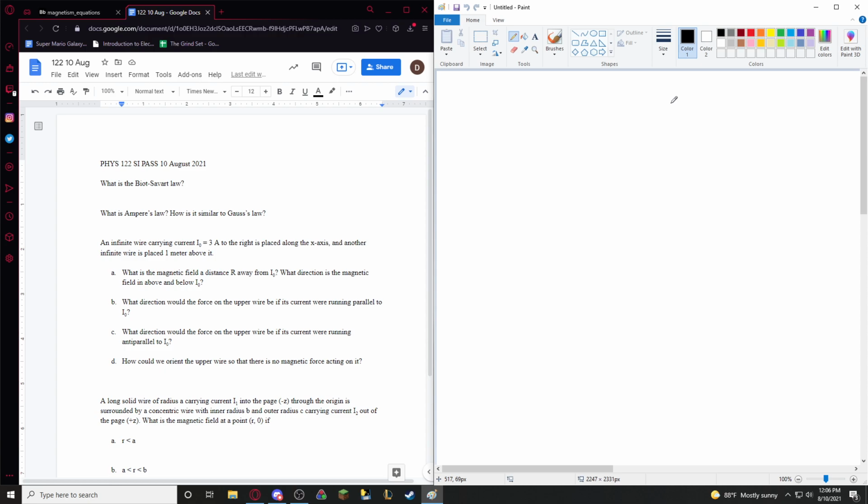But like you said, it's similar to Gauss's law. It's only useful for symmetric situations. So what sort of symmetric situations do we have? Cylindrical, square, circle, stuff like that. What were the three types of symmetry we saw for Gauss's law? Sphere, cylindrical, and I forgot the third one. Planar symmetry, where it's like an infinite plane.